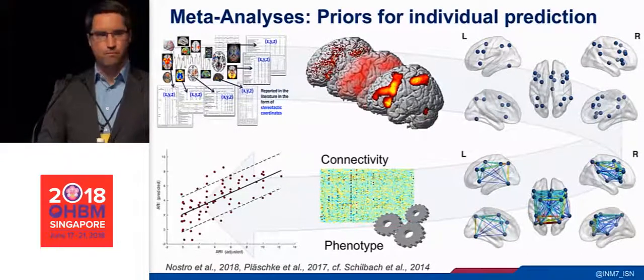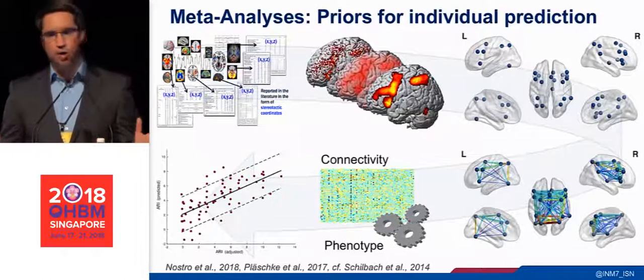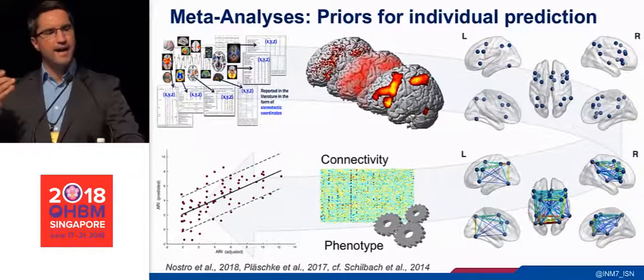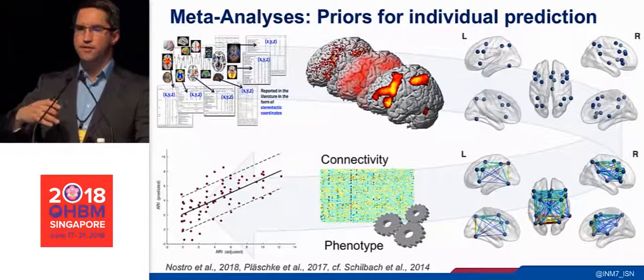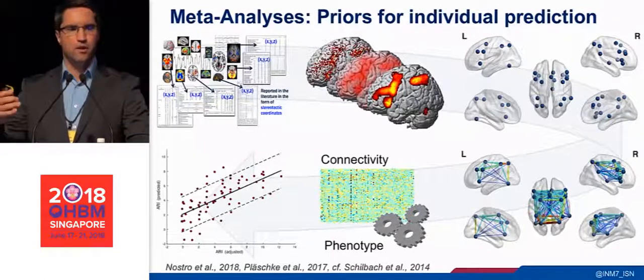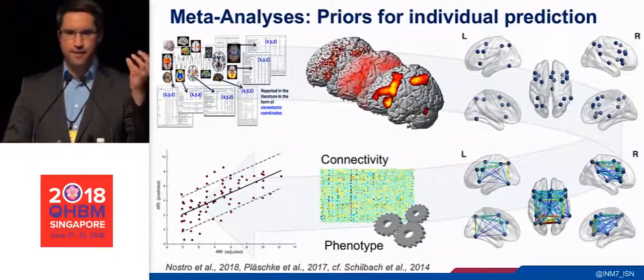So I hope it became clear throughout the talk that the underlying topic is we need to bridge this sort of big data, machine learning, predictive analysis, and the detailed look at brain organization.